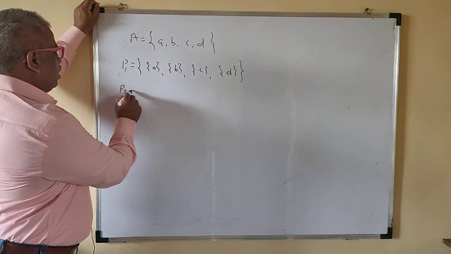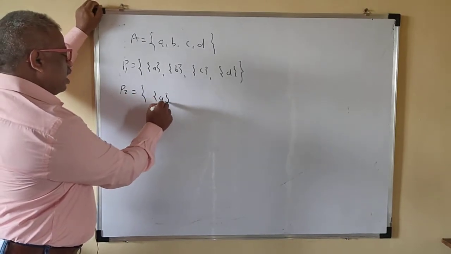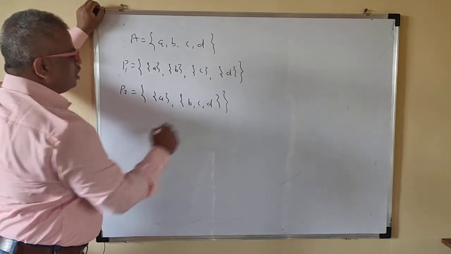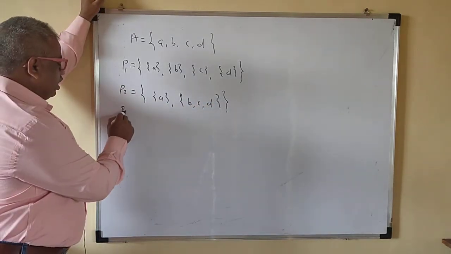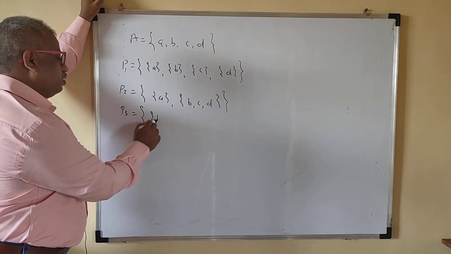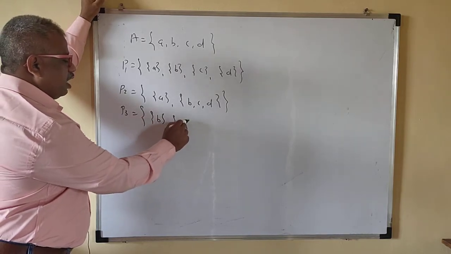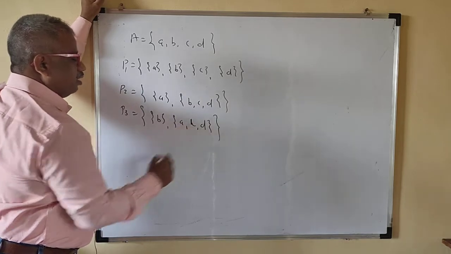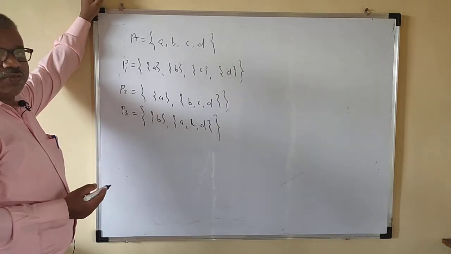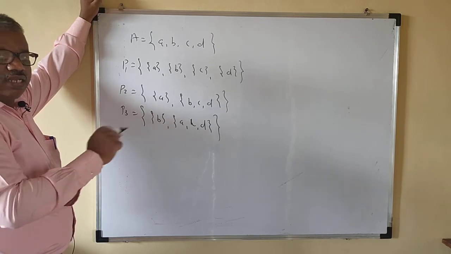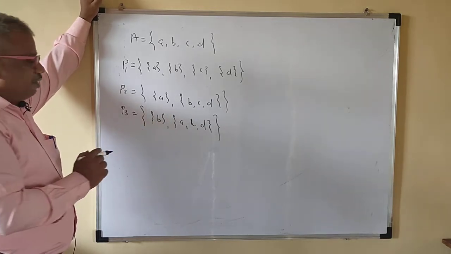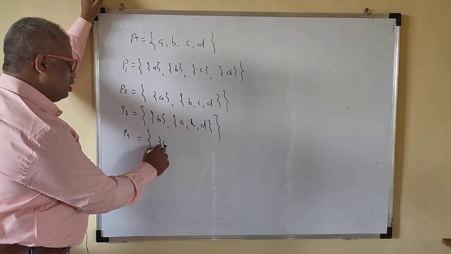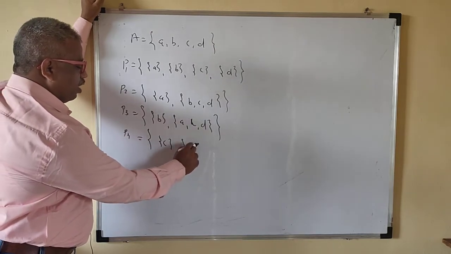I will write another: singleton a, and this is b, c, d. This is also a partition. I will write another: singleton a, singleton b, then a, c, d. You have to take the subsets of A in such a way that the union is A and the intersection of any two subsets is empty. Again, one more example: singleton c, then a, b, d.